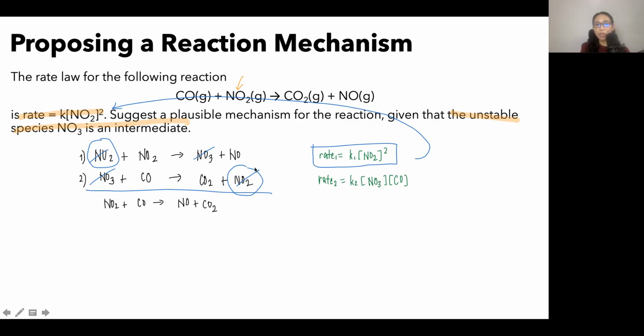So, ang statement niya dito, this reaction mechanism is composed of a first slow step followed by a second fast step. And yun, ito na yung mechanism mo. It's a plausible reaction mechanism. Okay? So that's how you propose reaction mechanism. So just don't forget kung ano yung mga properties ng reaction mechanisms.